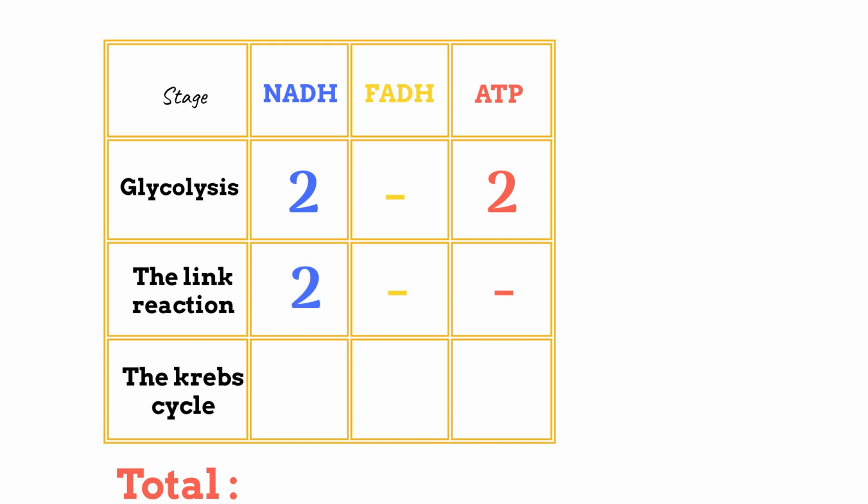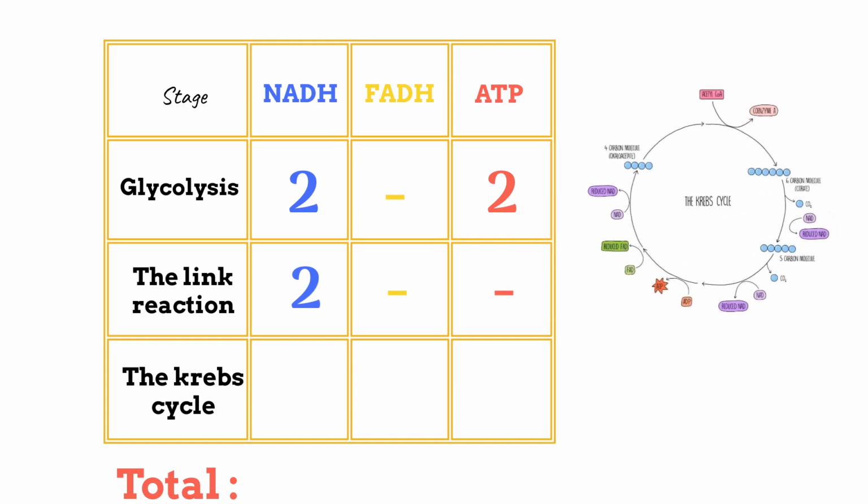Now the same is true for the Krebs cycle. Each acetyl coenzyme A comes from one pyruvate. Therefore, there will be 2 acetyl coenzyme A's for every glucose. Therefore, there will be 2 Krebs cycles for each glucose.